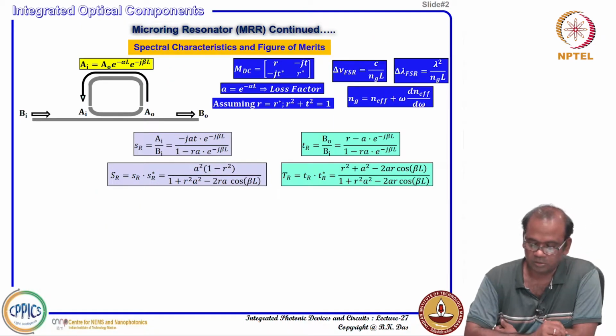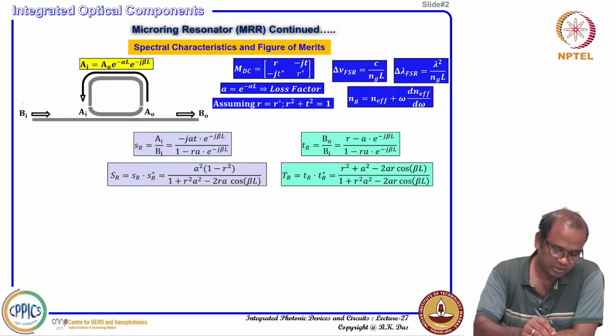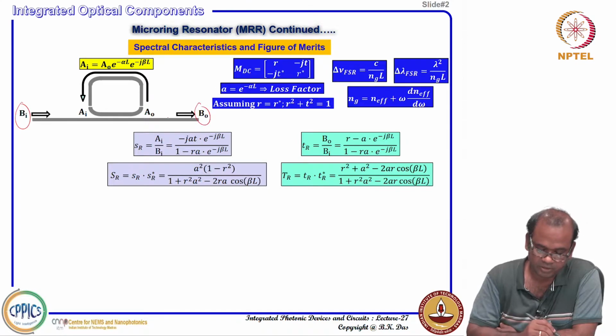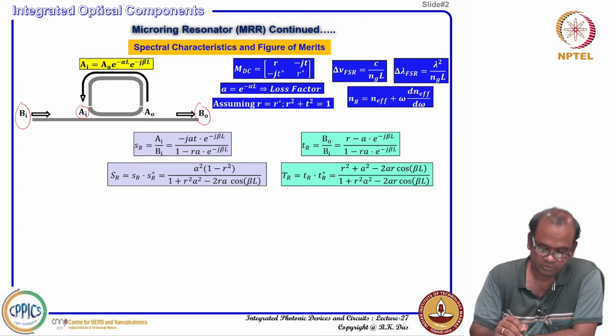So, we have already introduced the ring resonator, the theory already developed. If you have a bus waveguide and a coupled ring waveguide, and there are input field and output field annotated, and inside the ring we annotate two different components, AI and A naught. Based on the analysis, based on the steady state condition, we defined two parameters.